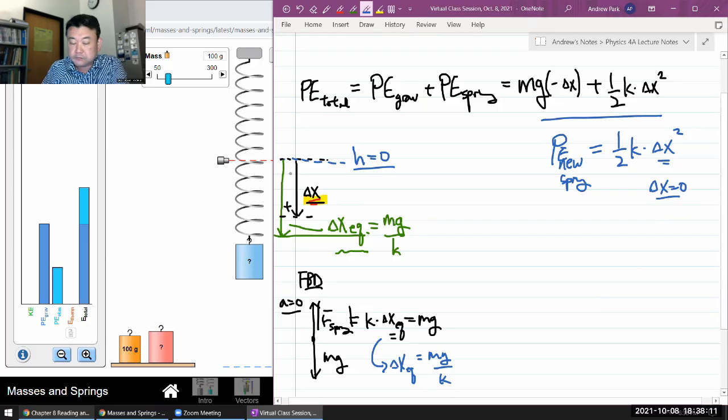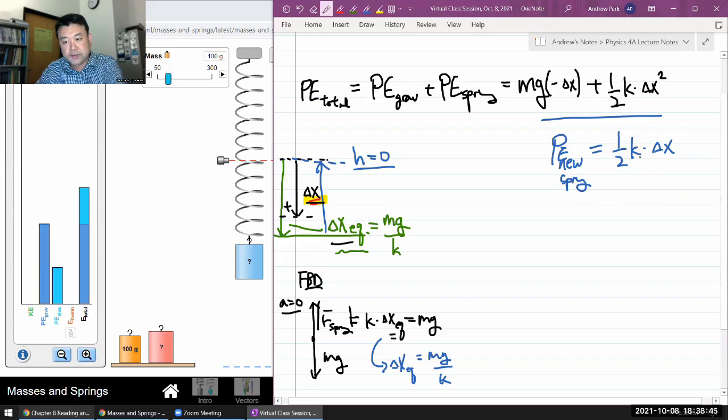Up here, that's not where my new spring potential energy would be 0. That involves quite a bit of compression from where the new equilibrium length is. So I think for the potential energy of my new spring, I actually want this energy to be minimum not at where delta x is equal to 0, but at where delta x is equal to delta x equilibrium.